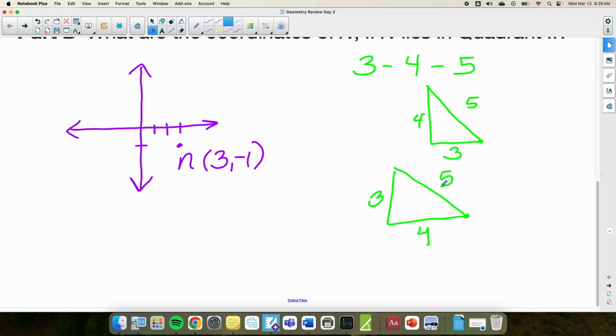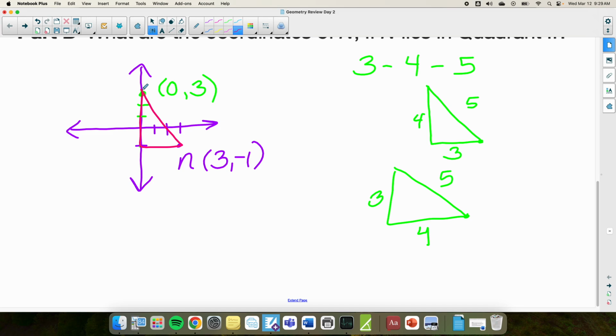If I go to do this one and I move it over, let's do this top one. Let's move it 3 to the left and 4 up. 1, 2, 3, 4. Okay, that's going to be at (0, 3). Do you guys get that? So what I did here is I made this right triangle.